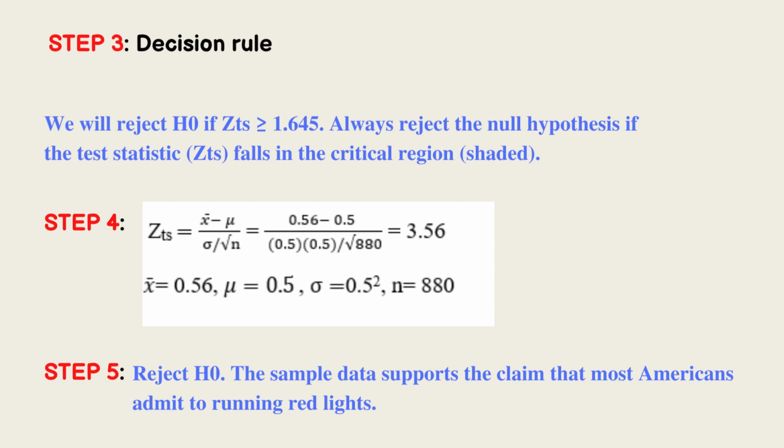For the test statistic formula, the answer is 3.56. The sample proportion is 0.56. Step 5. Reject the null hypothesis. The sample data support the claim that most Americans admit to running red lights.